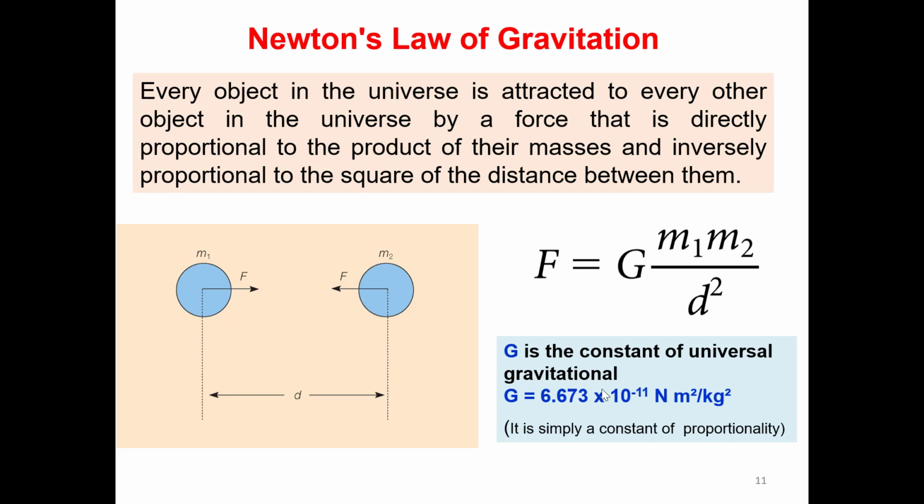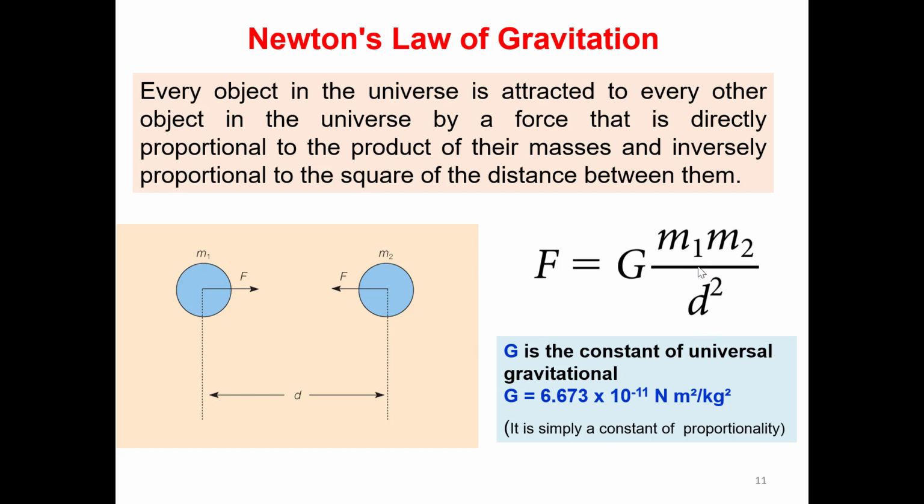Then after Newton analyzed a lot of experimental data, he postulated the law of gravitation. This law says that every two objects in the universe will attract each other by a force that is directly proportional to the product of their masses, but inversely proportional to the square of the distance.